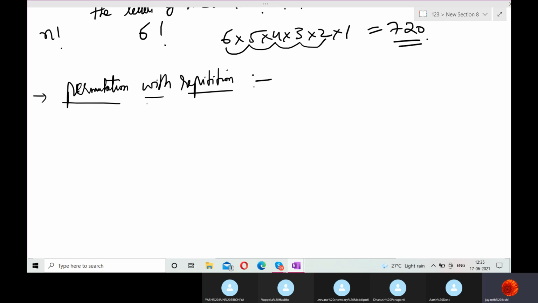So here you can repeat the numbers. Okay. So number of, see, very simply you should use the formula. Okay.